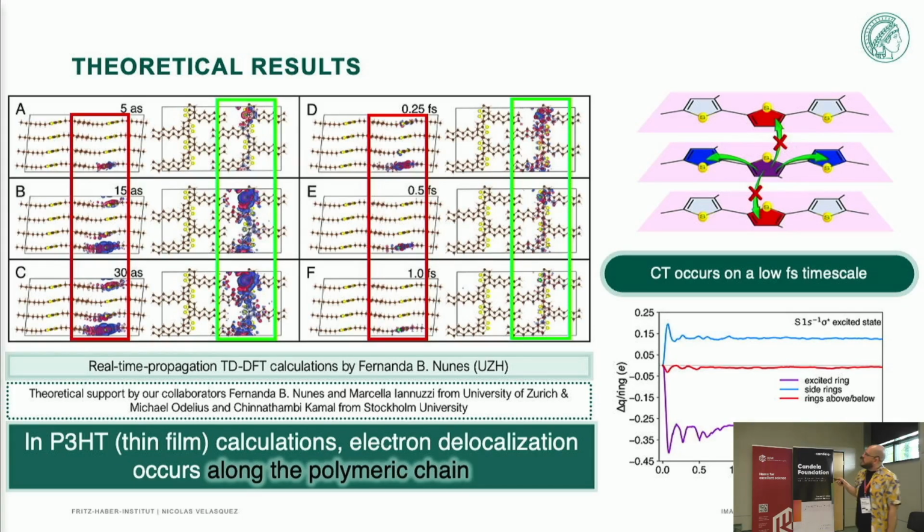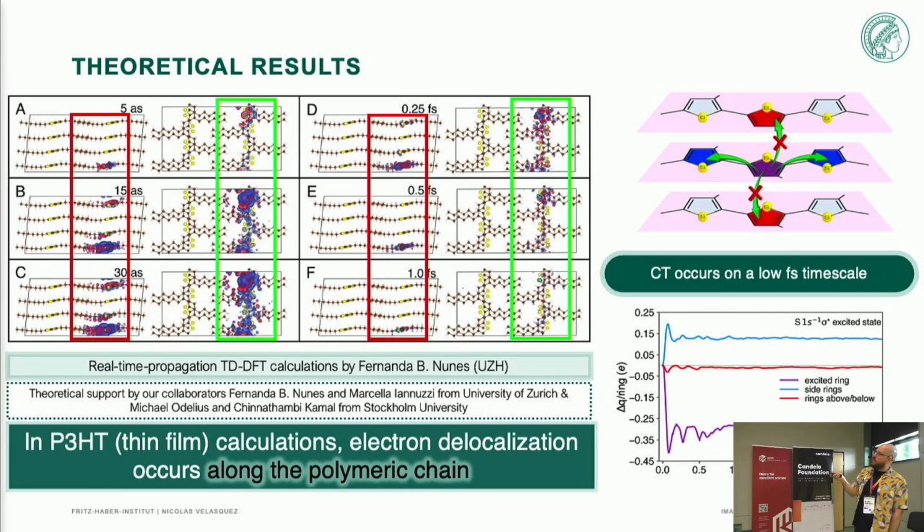And basically, with this Bader charge analysis, we can say that upon excitation of one ring here, electron density is going to be redistributed to the rings which are along the polymer chain, and there is a negligible amount of electron density being redistributed towards the rings above and below. So this is no CT, and here we have CT.